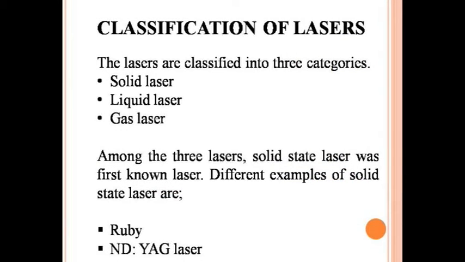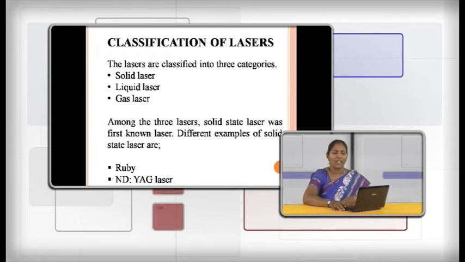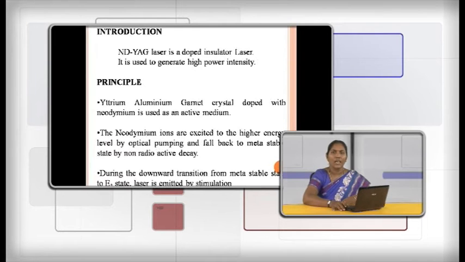When the active medium is a solid, the type of laser is a solid state laser. Examples for this type of laser are the Nd:YAG laser and the ruby laser. Out of these types of lasers, we are going to see the Nd:YAG laser in detail. The word Nd:YAG stands for neodymium yttrium aluminum garnet.